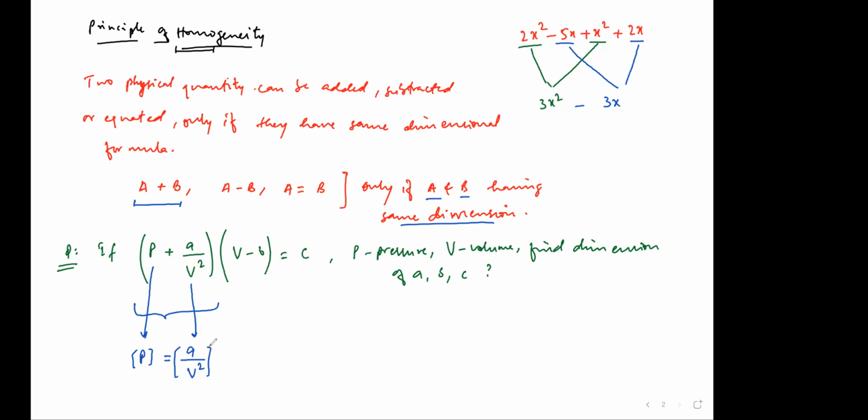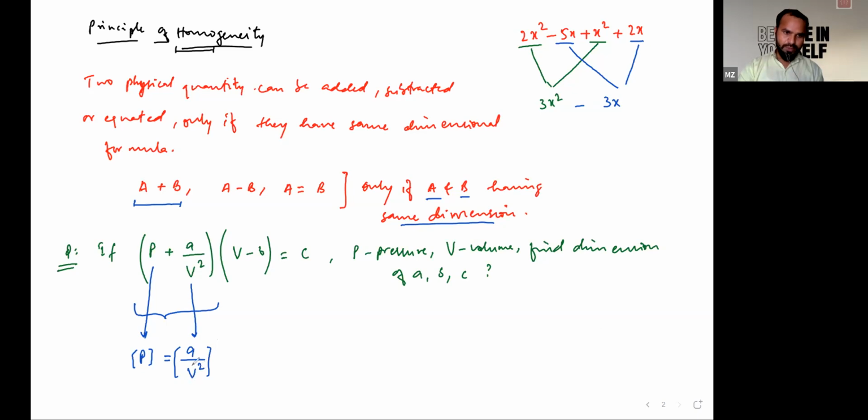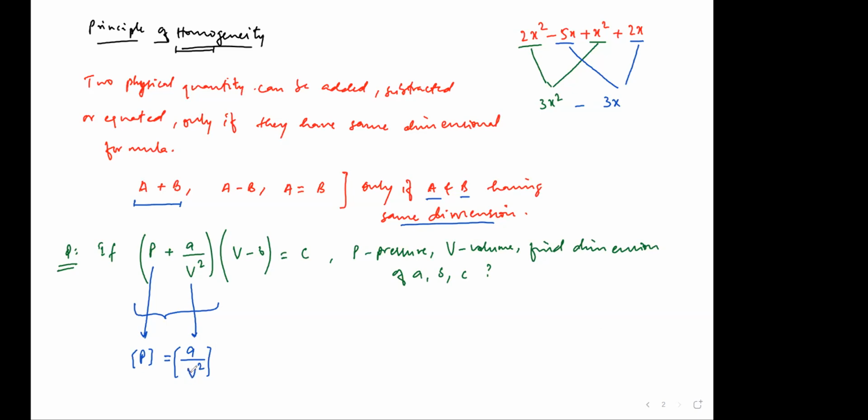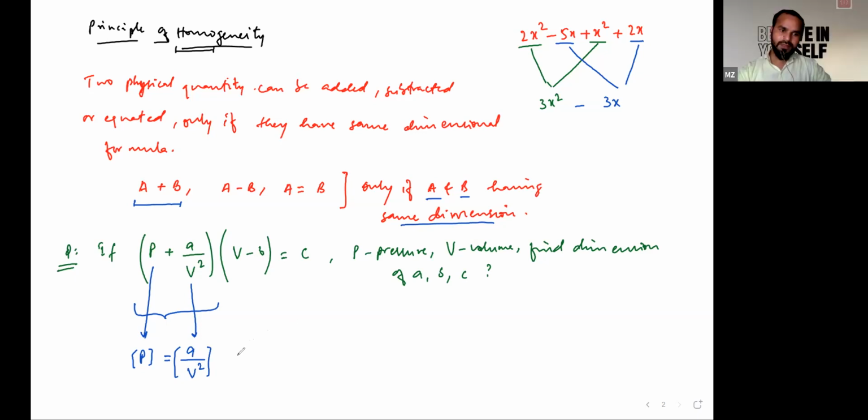Sir, I have sent you the dimension of A. Just see, we have the square of volume here. Sir, sorry, did I make a mistake? Should we make everything double? For which part? We have only volume squared.